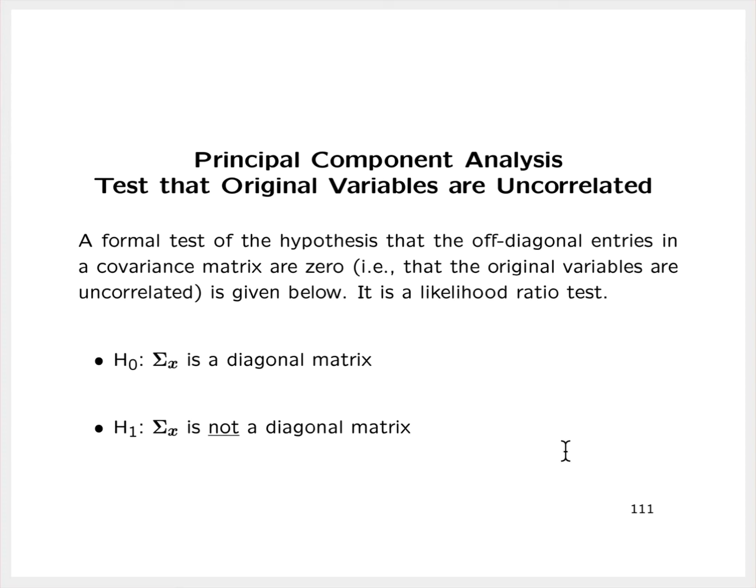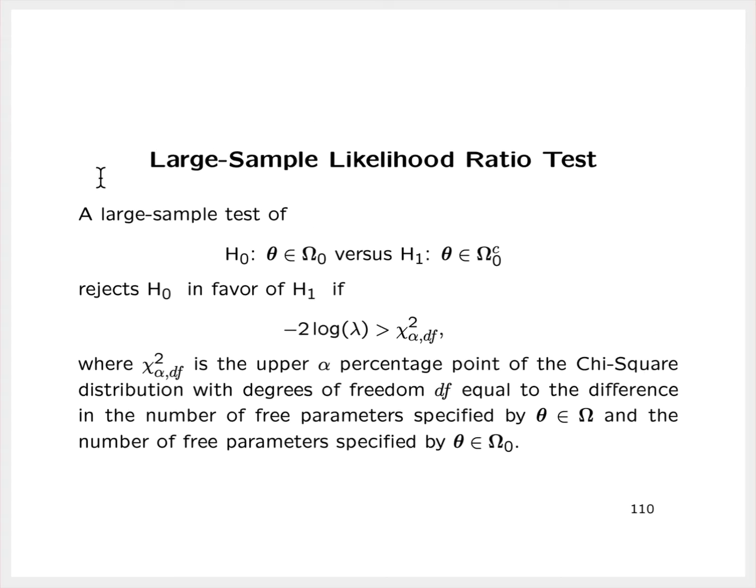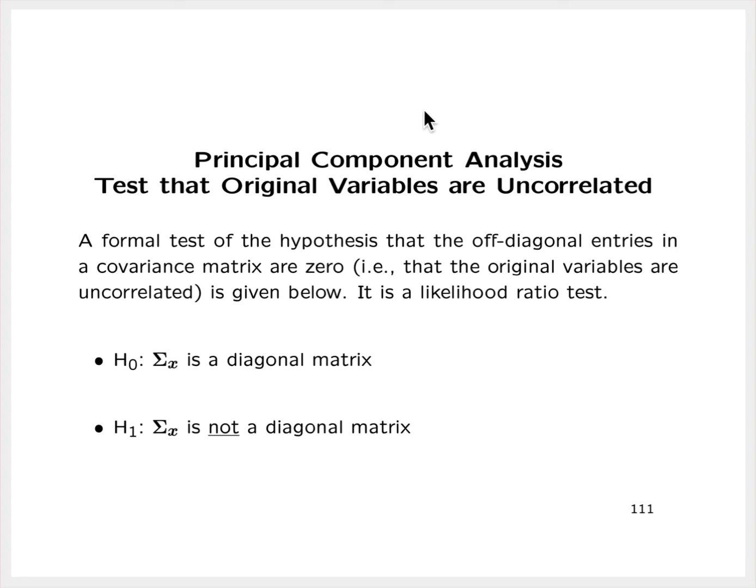And so here's the formal test, the likelihood ratio test, that the original variables are uncorrelated. We're going to apply this large sample likelihood ratio test methodology to the current situation that faces us.